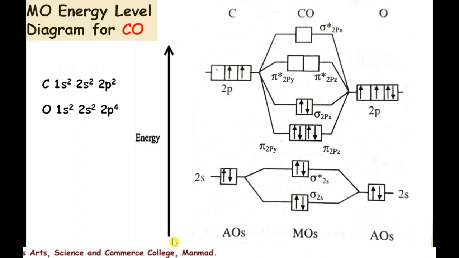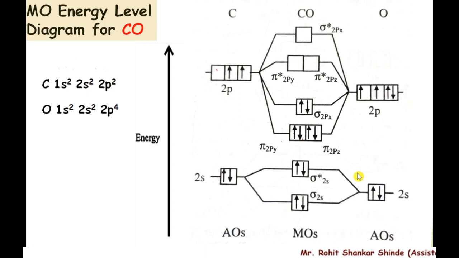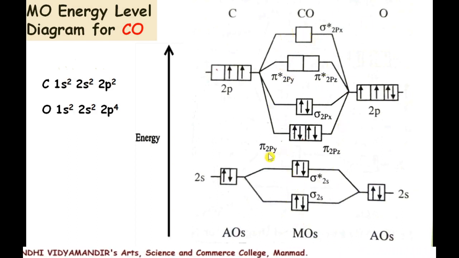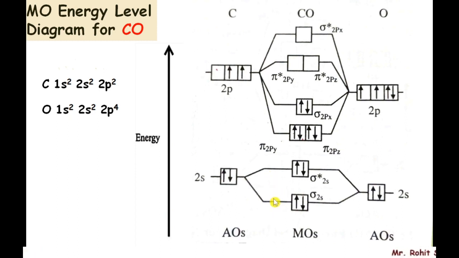Here you can see energy is increasing from bottom to top. There are two 2s orbitals, one 2s of carbon and another of oxygen. So 2 2s and 6 2p orbitals, that is a total of 8 atomic orbitals, combine and form 8 molecular orbitals as shown here, and electrons are filled into the molecular orbitals by following Aufbau principle and Hund's rule of maximum spin multiplicity.